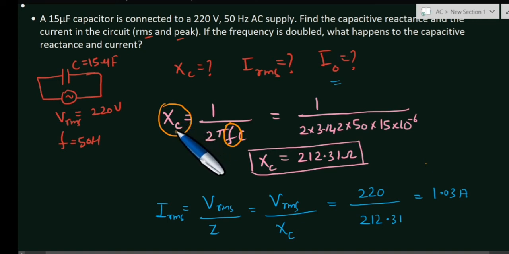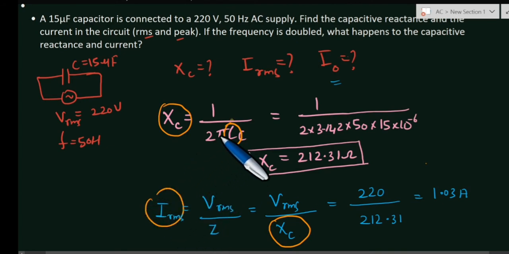So XC becomes half. And what about the current? The relation between the current and capacitive reactance is like this. They are again inversely proportional. So if XC is half, the current IRMS is doubled.